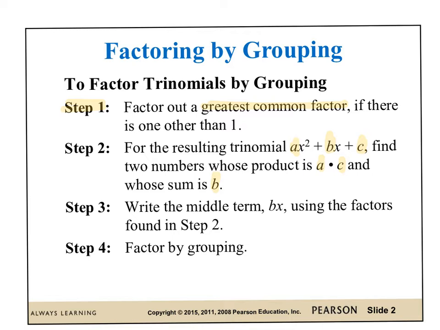And then we're going to write the middle term, bx, by using the factors that we found in step 2. And then we're going to do the greatest common factor of the two pairs of factors in each row and column, as we'll see in our next example.